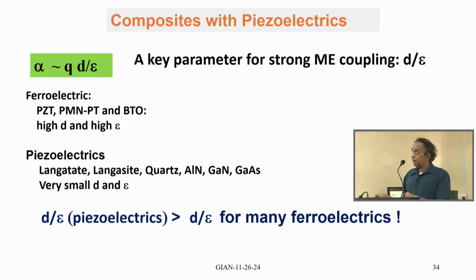These piezoelectrics have a very small d value, but also very small epsilon. The ratio d over epsilon for these piezoelectrics, they are either comparable or better than the ferroelectrics. So, for some of the applications you would rather use these piezoelectrics instead of PZT or PMN-PT.